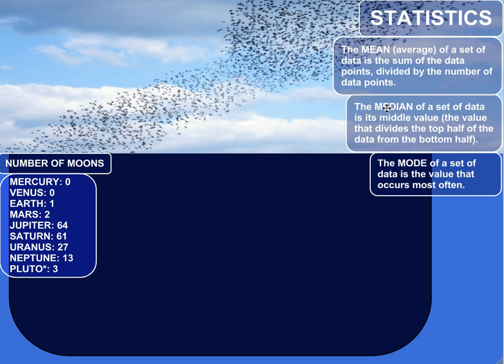What I want to show you is how these three measures give three different perspectives on the same set of data. All three are valid ways of looking at the data, but they give you different results.